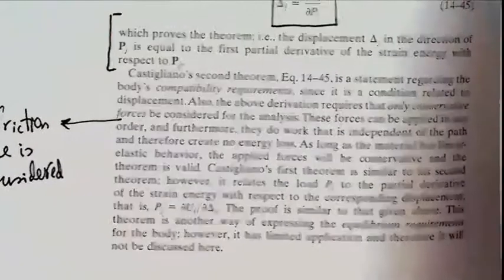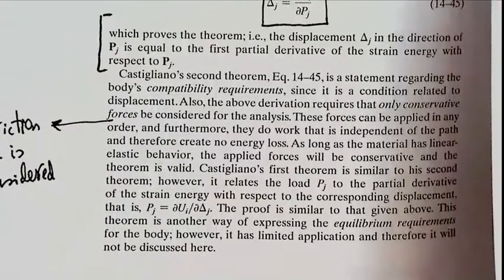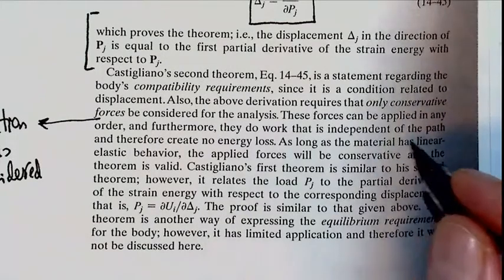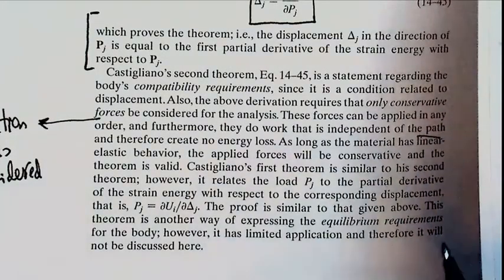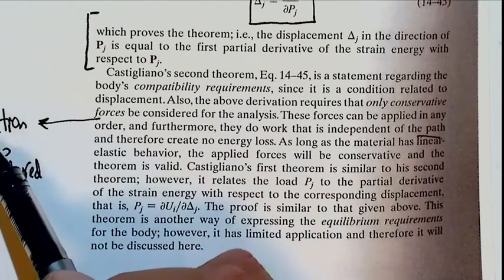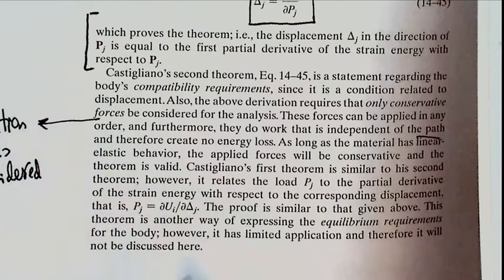These forces can be applied in any order, and furthermore, they do work that is independent of the path and therefore create no energy loss. So friction creates energy loss. As long as a material has linear elastic behavior, the applied forces will be conservative and the theorem is valid. Castigliano's first theorem is similar to the second theorem.